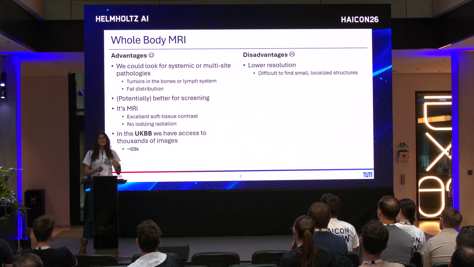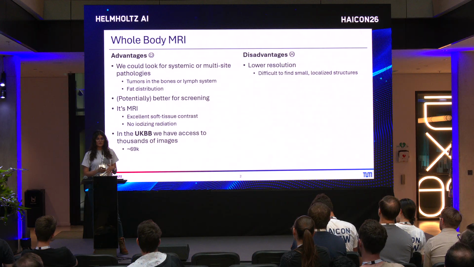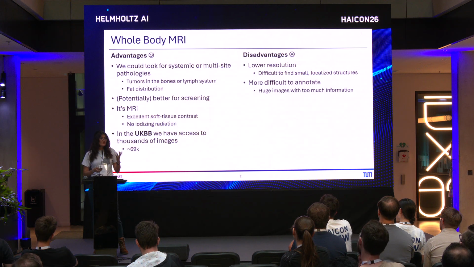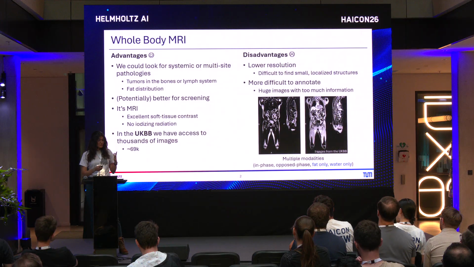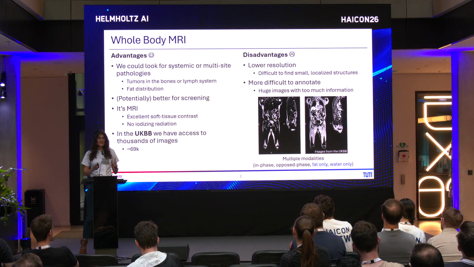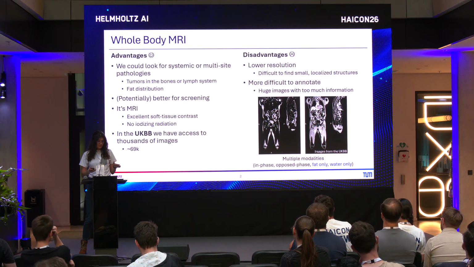For example, is the fact that since they are so huge, they also sacrifice some resolution, which makes it more difficult to find smaller localized structures. And because they also are so big, and it's not only big, but they have multiple modalities, they are very difficult to annotate and itself to analyze because they just contain way too much information.